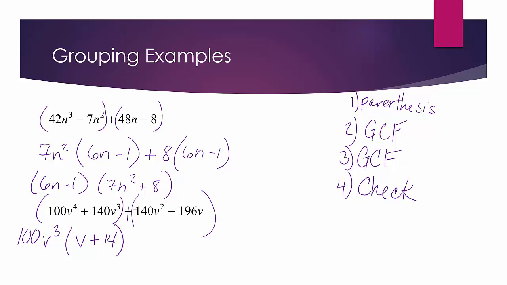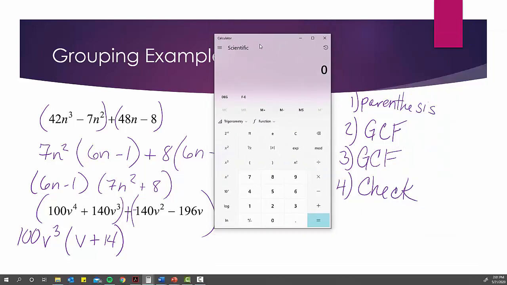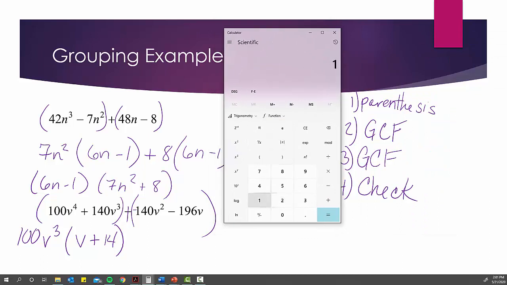196 is a factor of 14, I believe. That would be really cool if we can just pull that out. So let me get the calculator. 196 divided by 14 is 14.